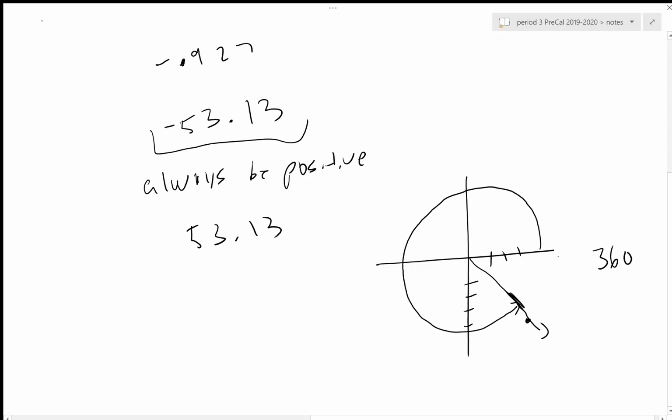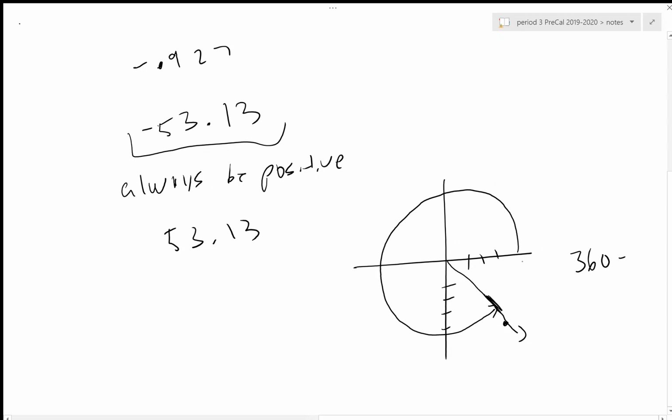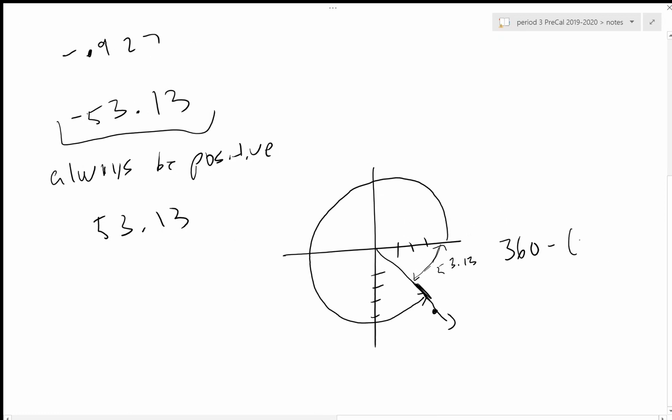So this is 360 minus, well, how much is this part? This part is 53.13. So 360 minus our answer. So you would put minus and then answer again, using second and the negative button. And that will give us our answer of 306.87. That's our answer.